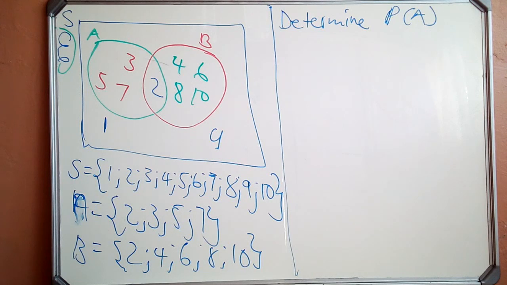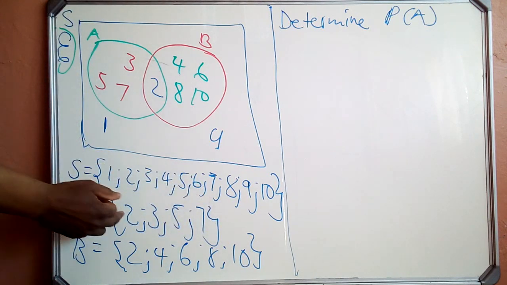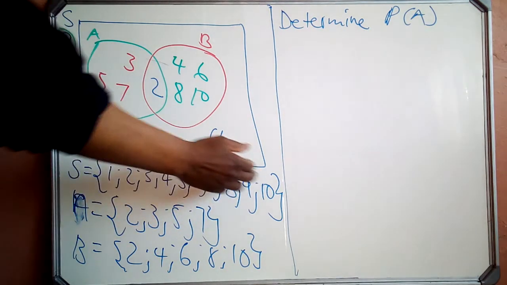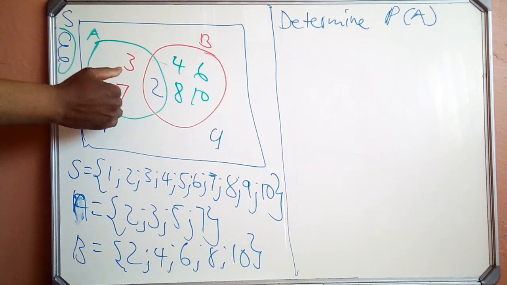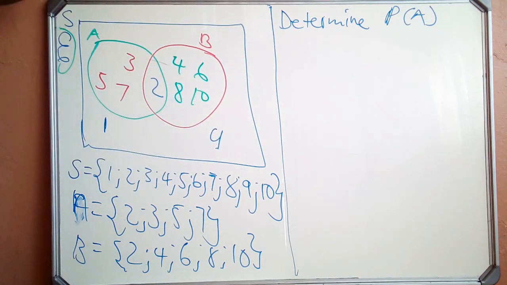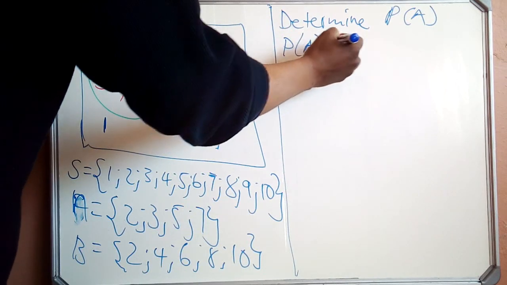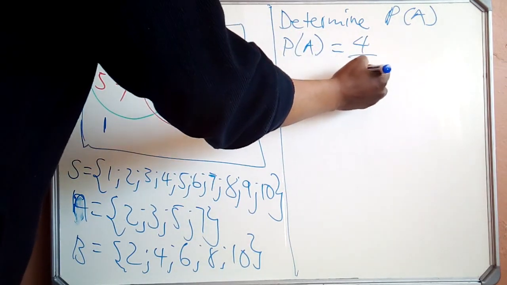To find the probability of A, we need to know how many items we have. We've got 4, and out of the total, so we make a fraction of the sample space. So the probability of event A happening is equal to 4 over 10.